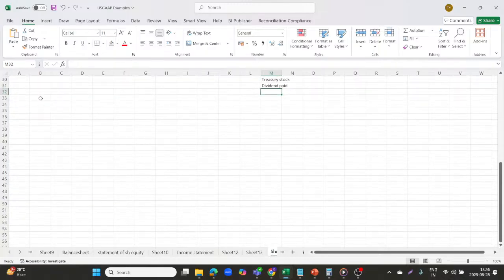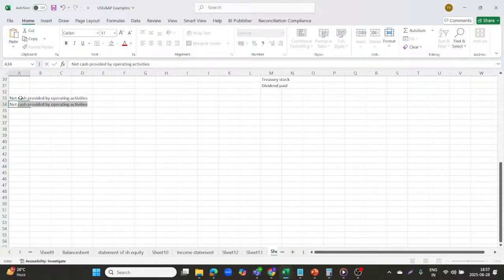So if you see in the direct method, we'll see what is the net cash provided by operating activity. So only cash receipts and cash payments. Similarly, net cash provided by investing activity, and then net cash provided by financing activity.